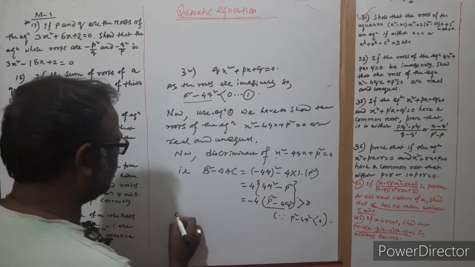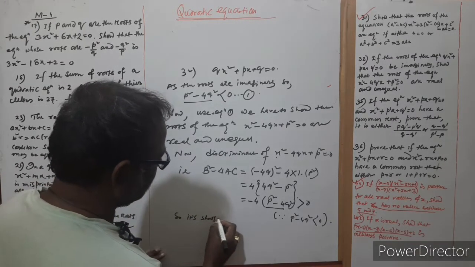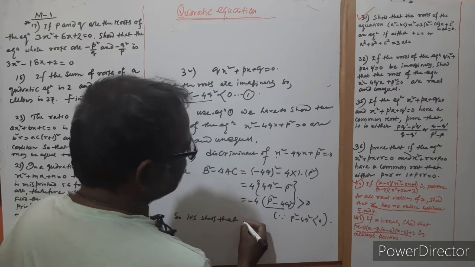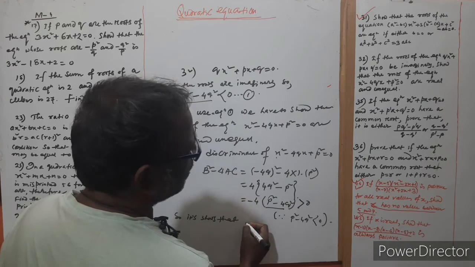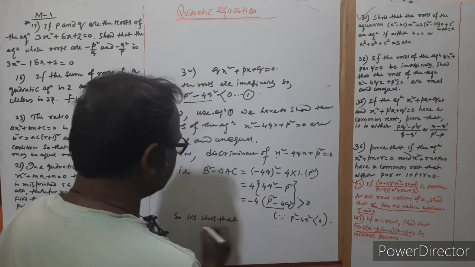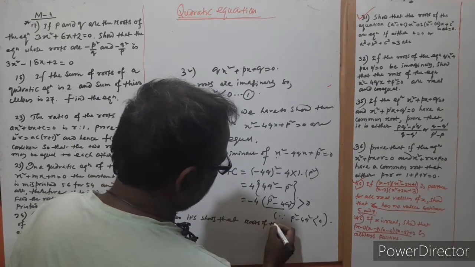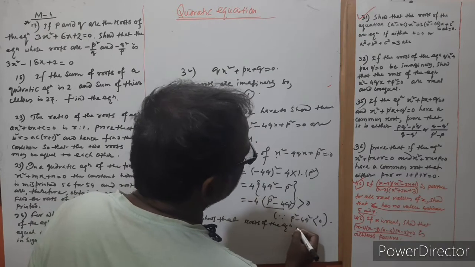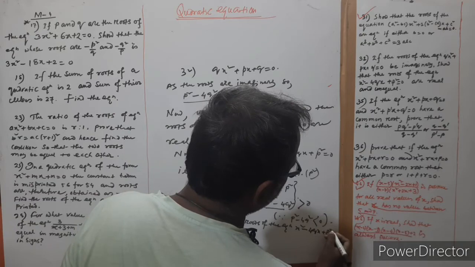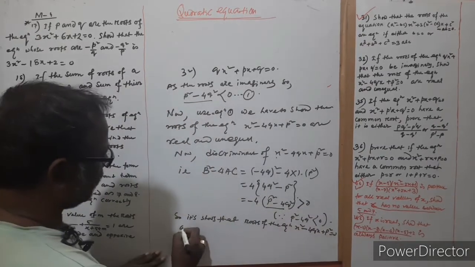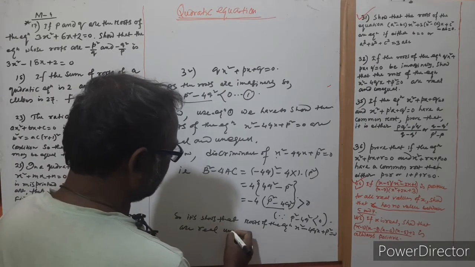Okay, so it shows that the roots of the equation x square minus 4qx plus p square equal to 0 are real and unequal.